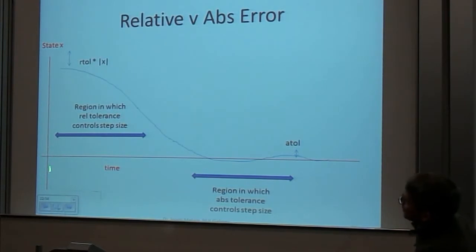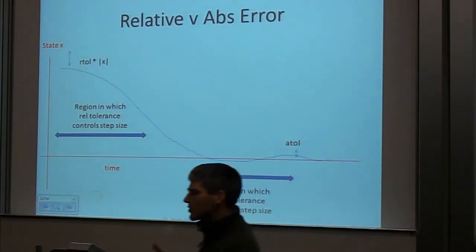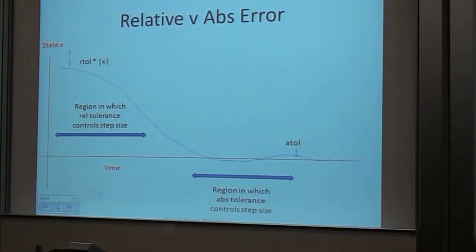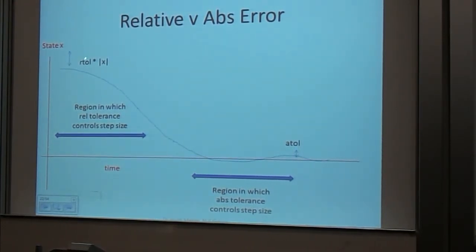Up here, where the state size is quite large, say I set a relative tolerance, so you might say, I'm going to set an error margin of 1,000th of the state value. When the state is fairly high and fairly large, obviously 1,000th of that will be relatively large.